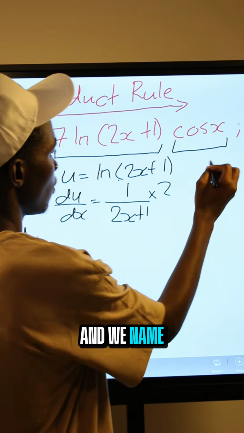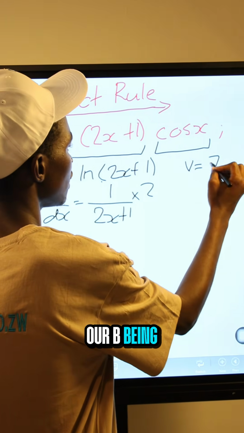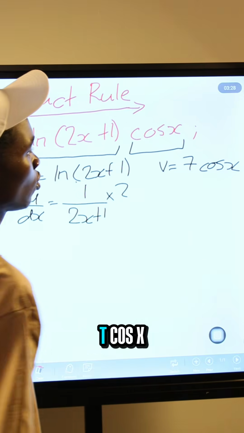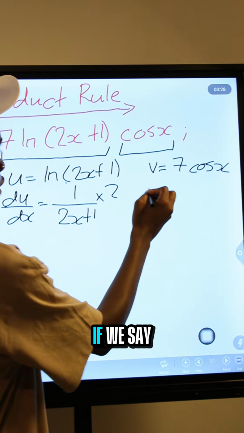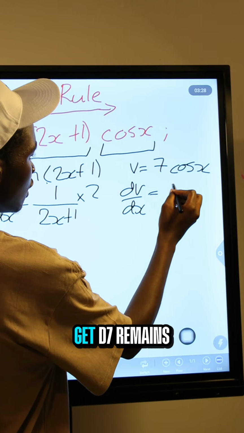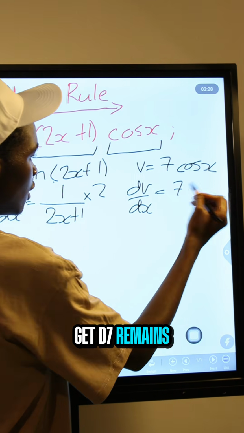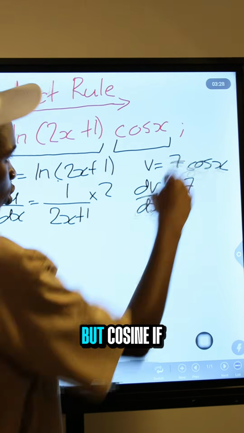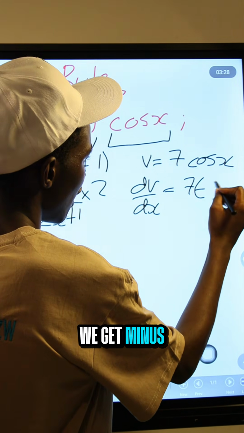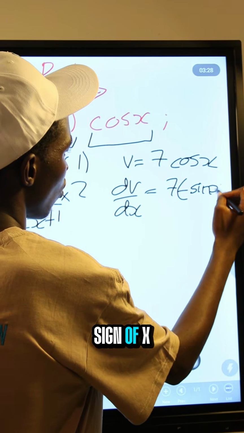And we name our v being, let's say, 7 cos x. If we say dv over dx, we get this 7 remains as it is. But cosine, if we differentiate it, we get minus sine of x.